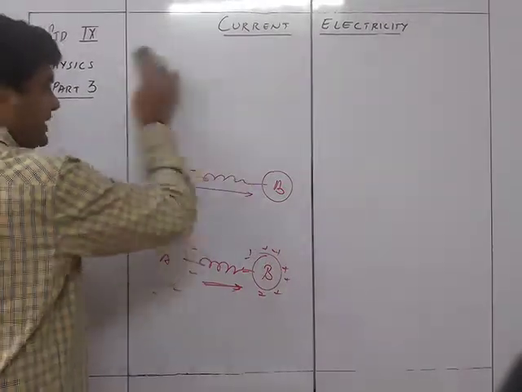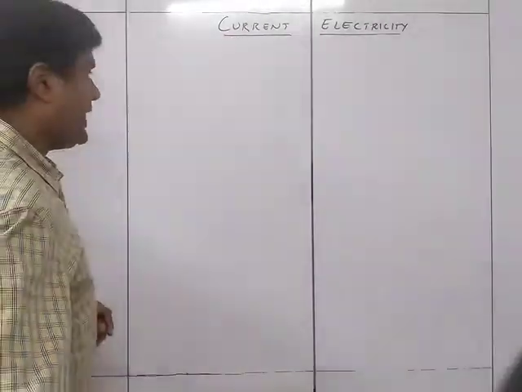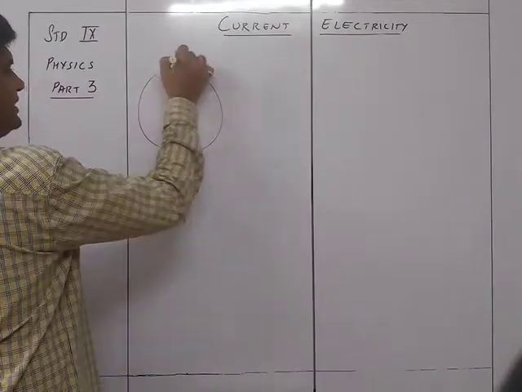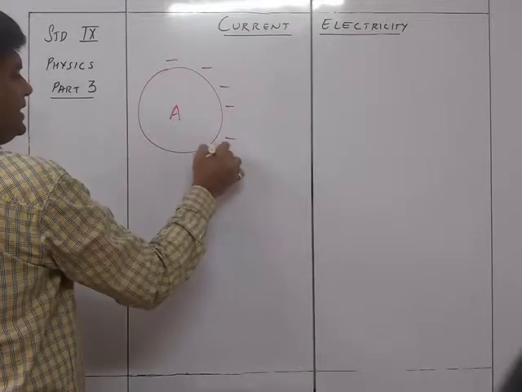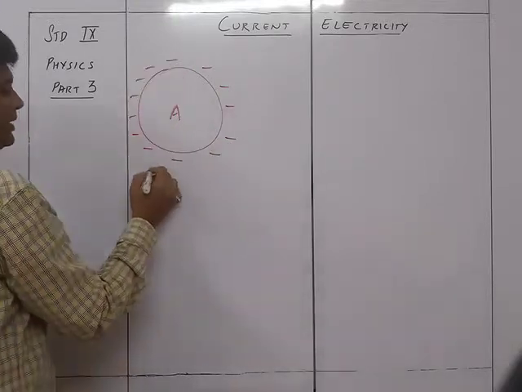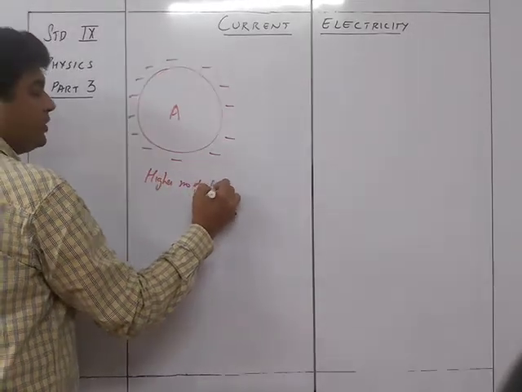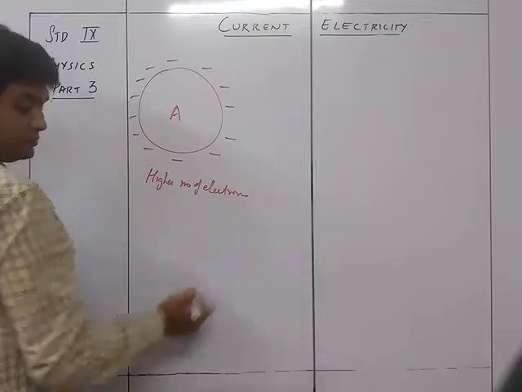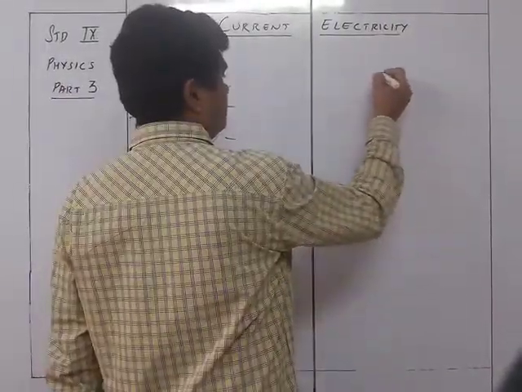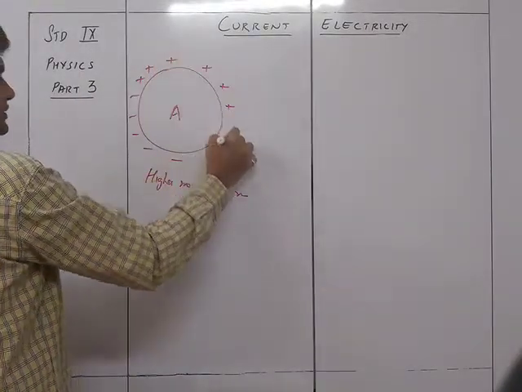So let's see this particular thing once again in a different manner. We have over here a substance A, which is at negative, that has too many electrons. Okay, and on the other hand, we'll take what is there in the textbook. We will take this one as positive.